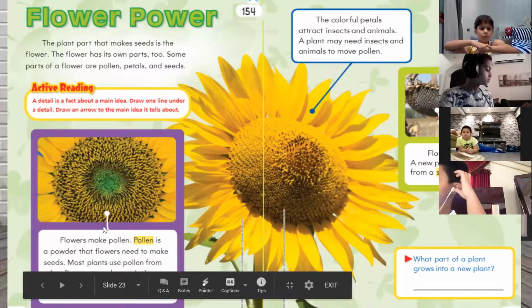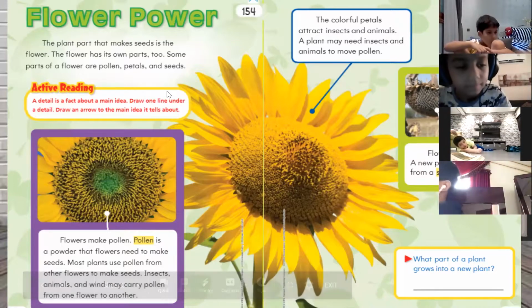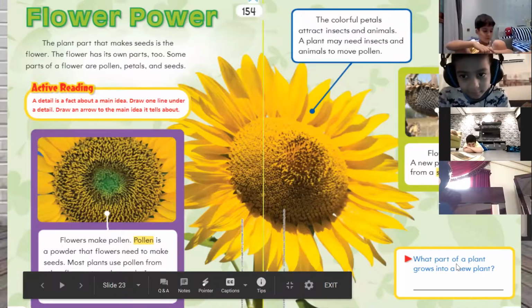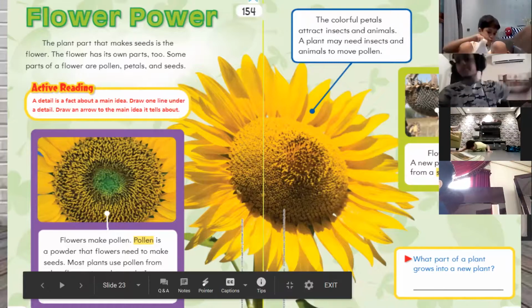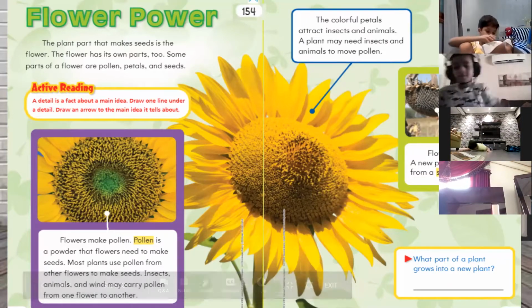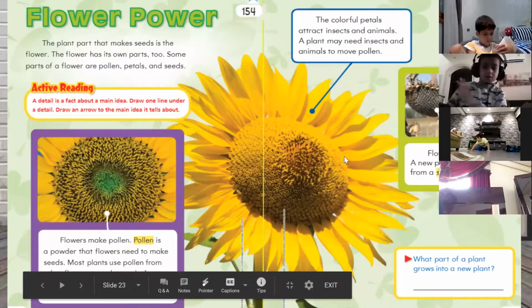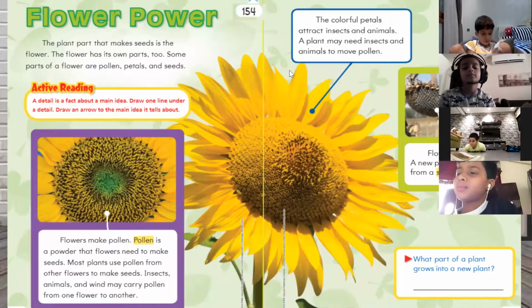After you learned all about pollen, seed, and root, stem, leaves, everything, so we can close this lesson, I want you to tell me what part of a plant grows into a new plant. What part grows into a new plant? Is it pollen or seed? Who knows? If you know, raise up your hand.